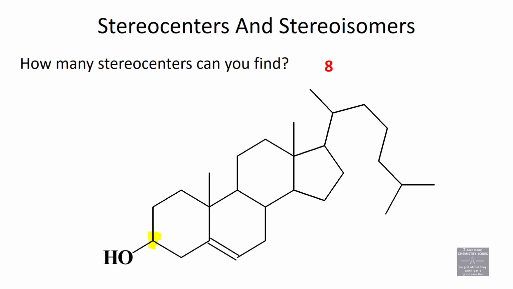But 1, 2, 3, 4, 5, 6, 7, 8. 8 stereocenters in cholesterol. Did you recognize all of those as asymmetric carbons?